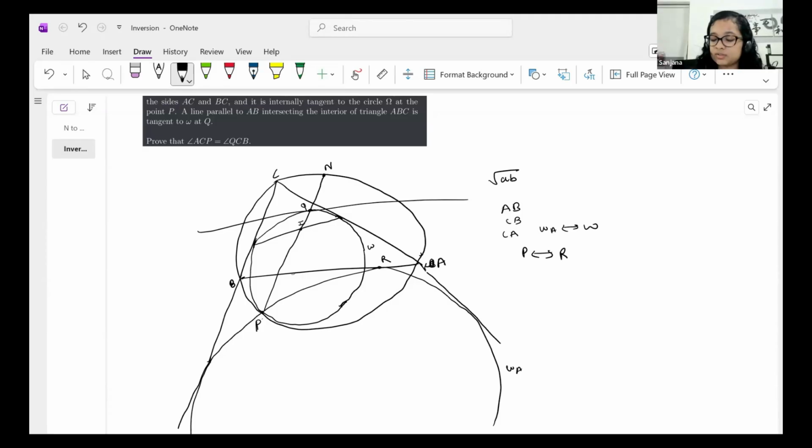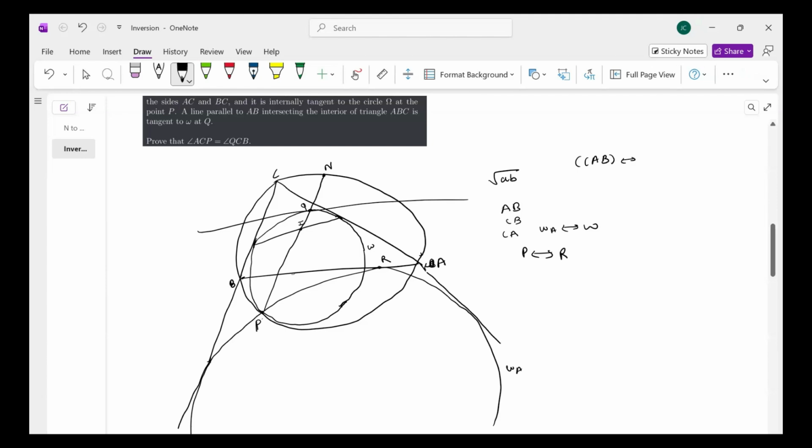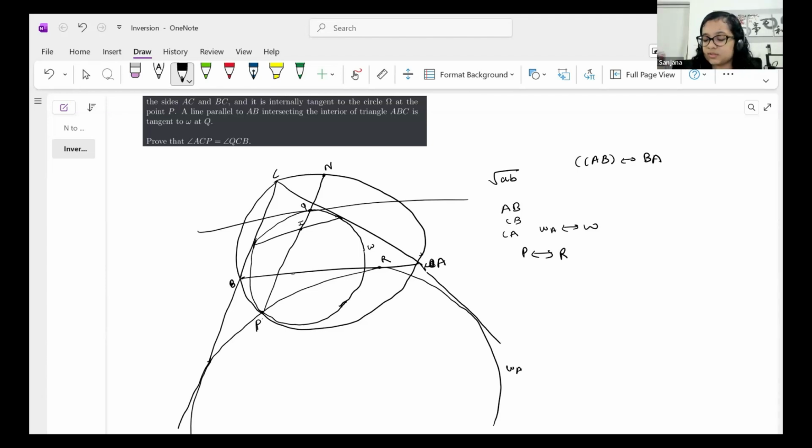Since omega is tangent to CB, CA, and the circumcircle, the image should be tangent to CA, CB, and the line AB, because the circumcircle goes to AB. So you have two options, the incircle and the X circle, and it's easy to see it can't be the incircle, so it has to be the X circle.